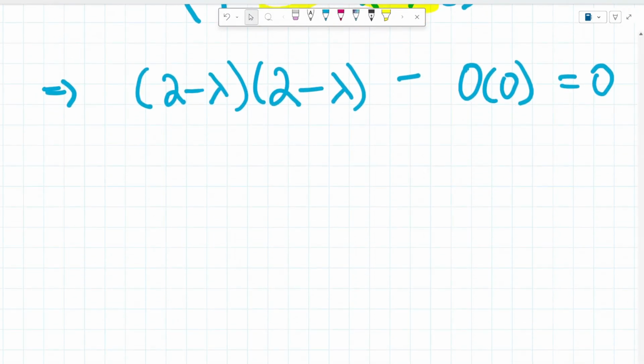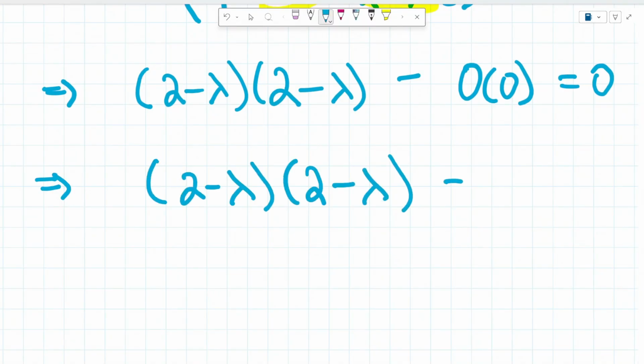As a result, we end up with 2 minus lambda times 2 minus lambda equals 0. And this is wonderful. It's already factored for us, so less work for us to do.